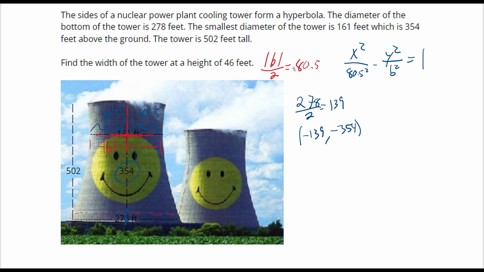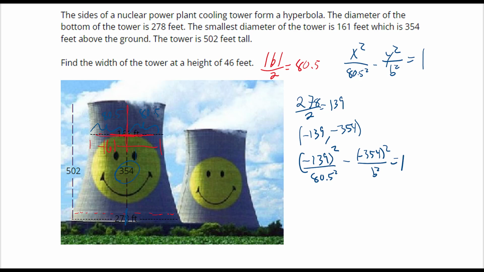And the negatives go away when we square anyway. So this will allow me to replace the x and the y and then solve for the unknown, which is b. So we'd have negative 139 squared over 80.5 squared minus negative 354 squared over b squared equals 1.